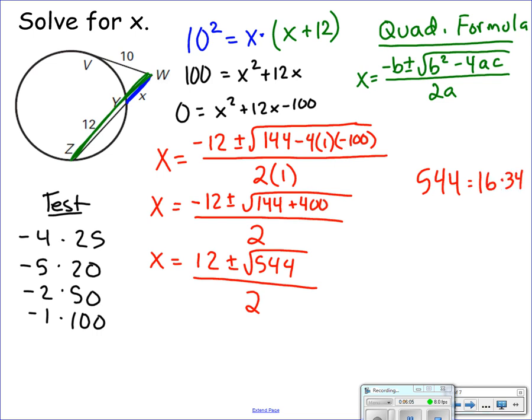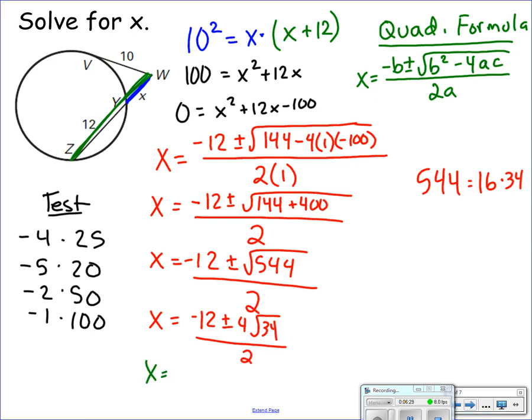I didn't know that off the top of my head. I did it in my calculator earlier. Something big like 544, I would let you use a calculator on that. So simplifying that, I can pull out a 4. Now, things cancel.